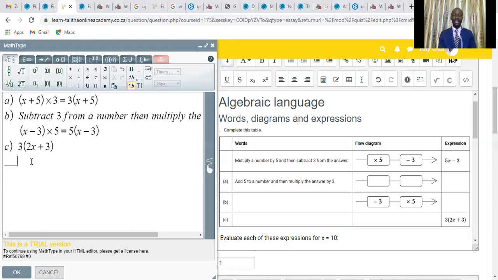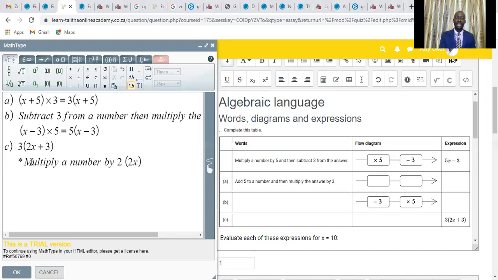So the first thing in this case would be multiply a number by 2. Just for you to see, this is what we have when we multiply a number by 2.